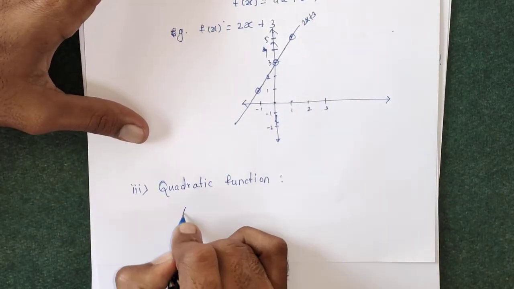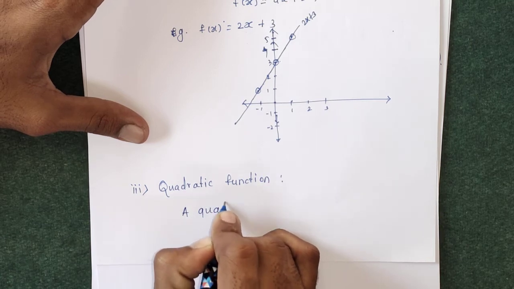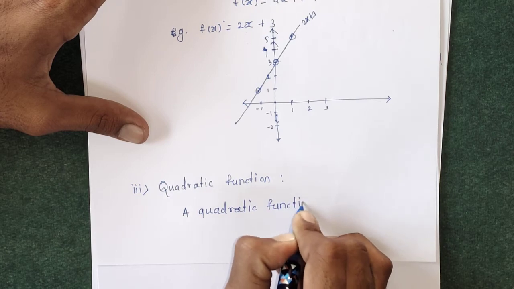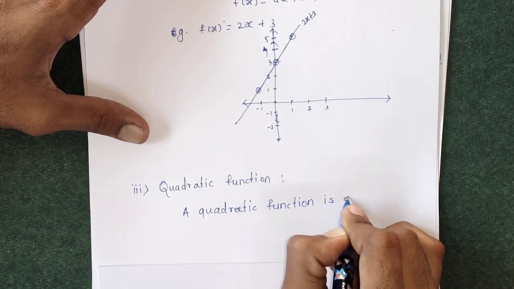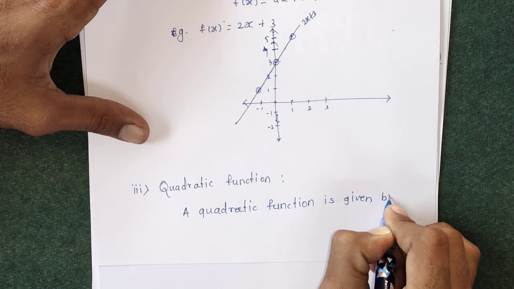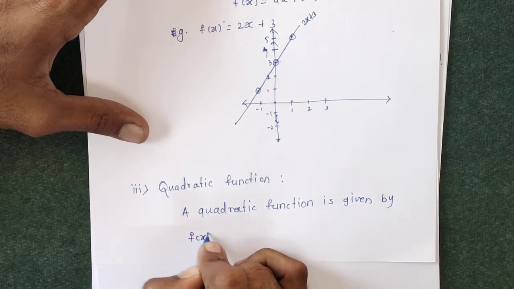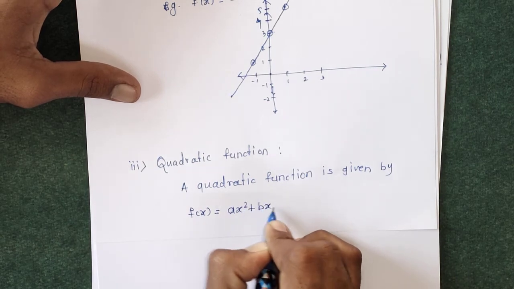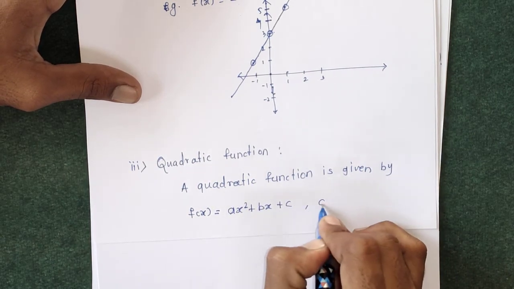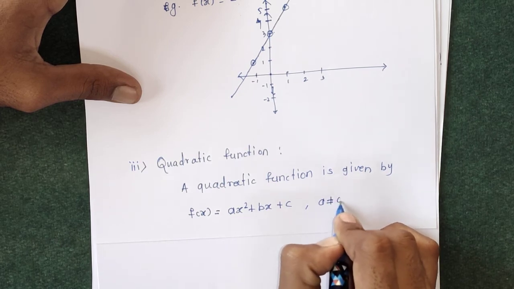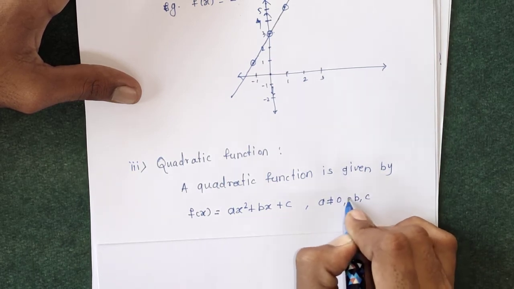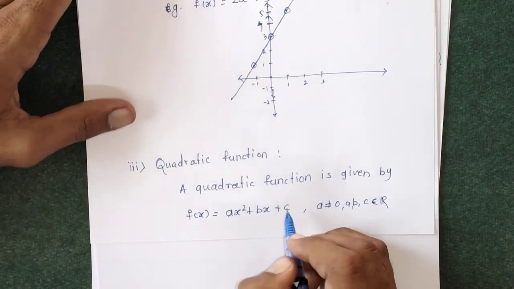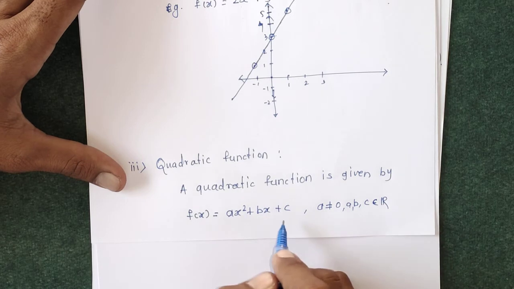A quadratic function is given by f of x is equal to ax square plus bx plus c, where a, b, c are real numbers but a is non-zero. This is called a quadratic function.